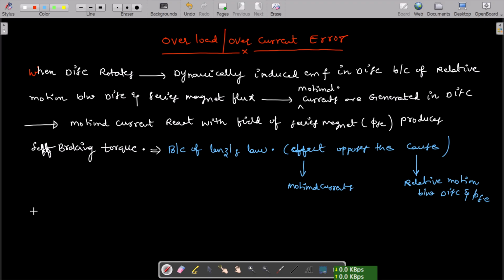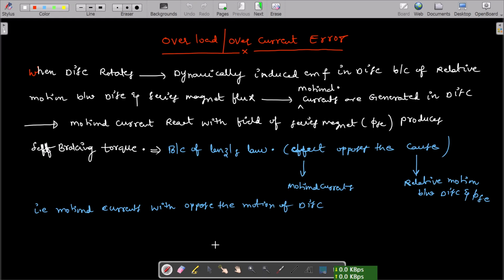Then the motional currents will oppose the motion of the disk, which is the relative motion between phi SC and the disk. That is the motion of the disk.